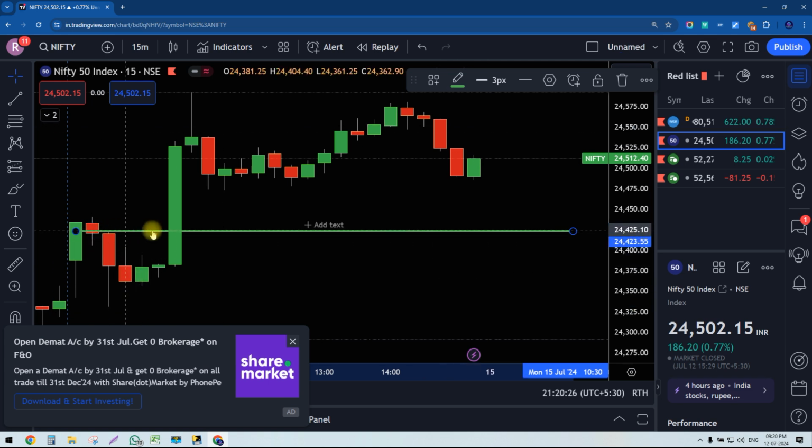Here you can see our buy is generated from here, 423, and the market went up to 24,587.15. Okay, this is how our Nifty worked today.